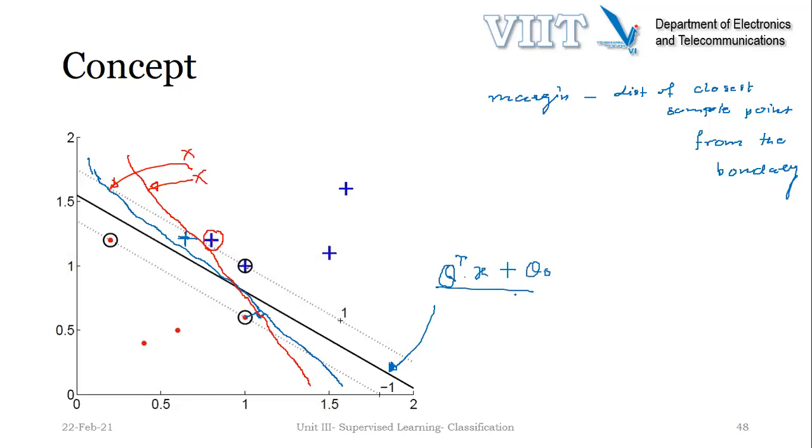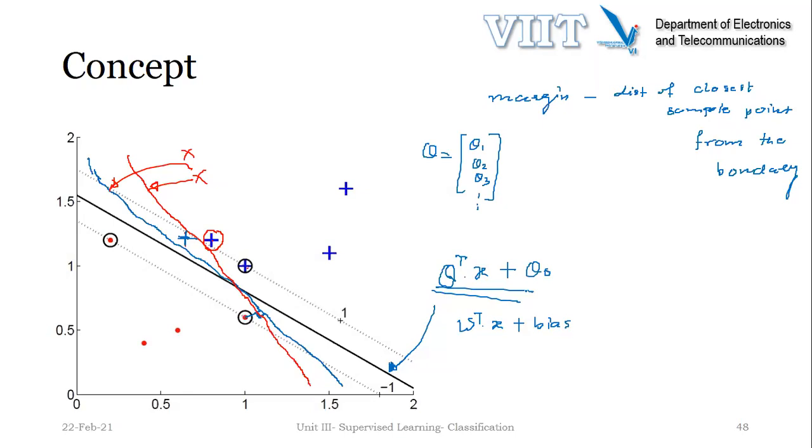So this is the equation. My theta could consist of theta 1, theta 2, theta 3, and so on, those many features, those many weights, and x is also x1, x2, x3, something like that. Or this could be written as weight transpose into x plus bias.